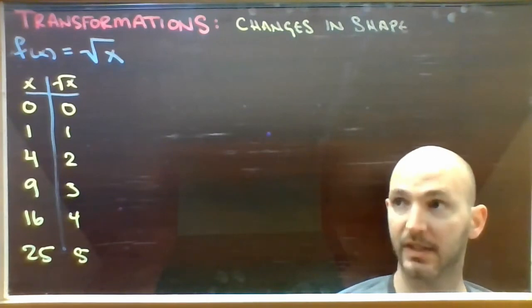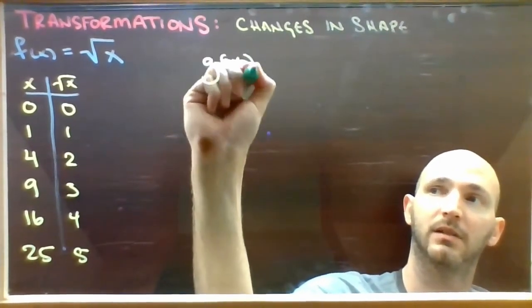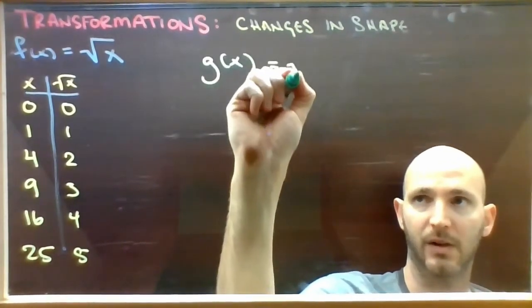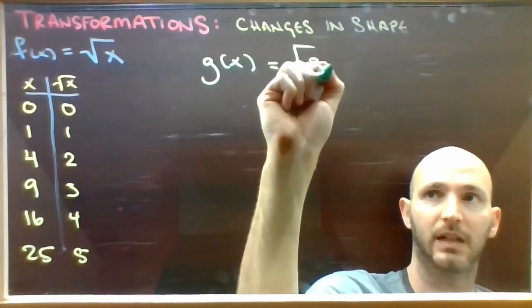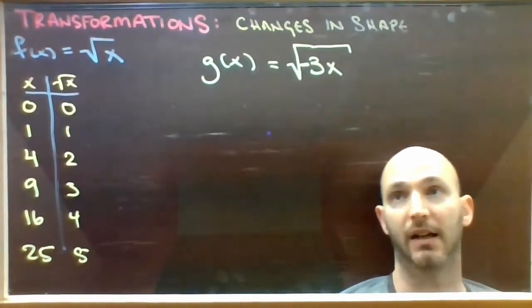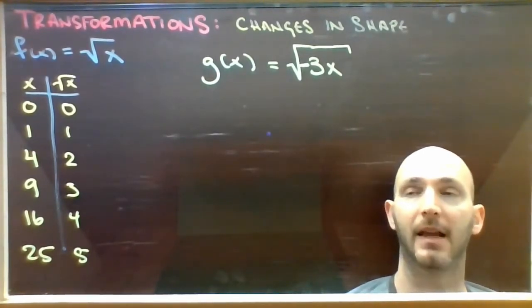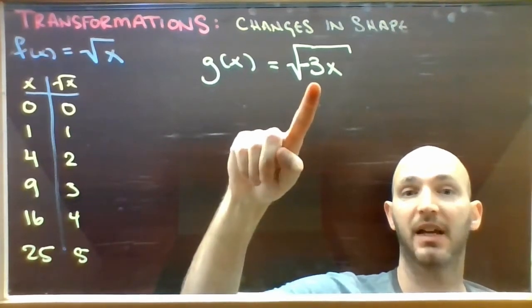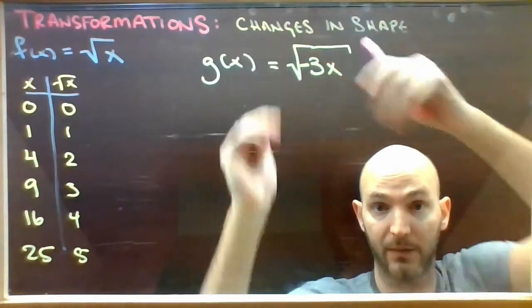So the function that I'm going to sketch then is the square root of negative 3x. Now, you notice that that is a multiplication factor, and that multiplication factor is inside of the function.